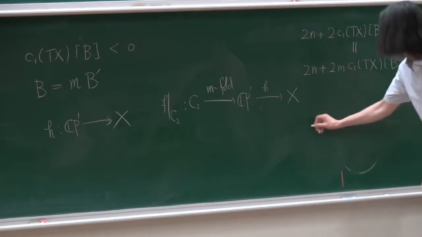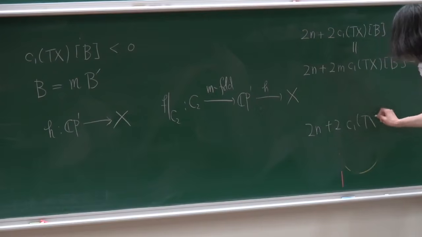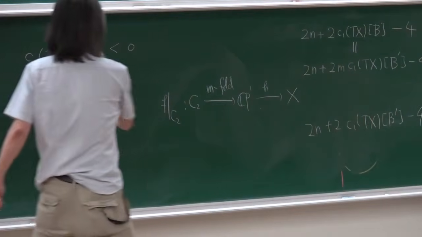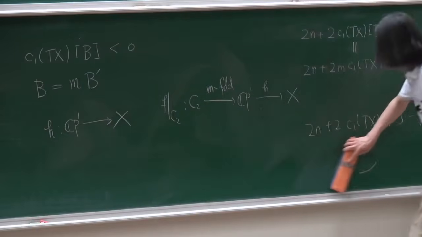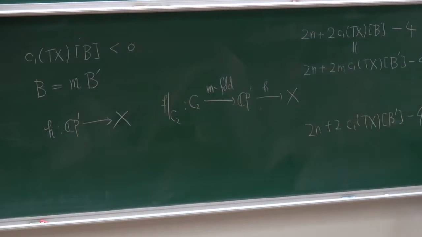And then I compare it with 2n plus 2c1(TX)(B') minus 4. When this is positive or 0, certainly this one is smaller than this.